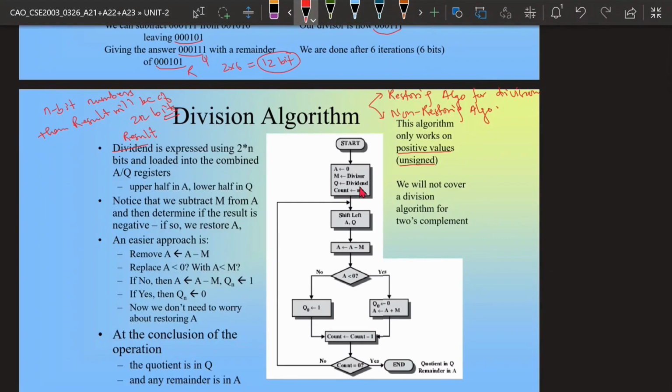That n value will be equal to the number of bits available in the divisor or dividend. So divisor and dividend will have the same number of bits, n, and a similar n number of bits should be there in A. So all of these will be n-bit registers basically.